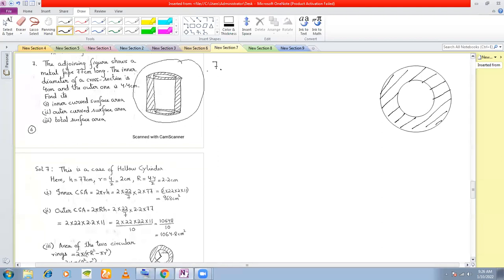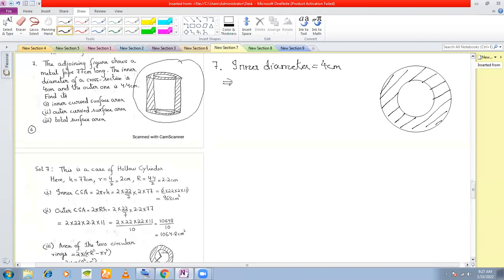The adjoining figure shows a metal pipe 77 centimeters long. Okay, that means the height of the cylinder is 77 centimeters. The inner diameter of the cross section is 4 centimeters.